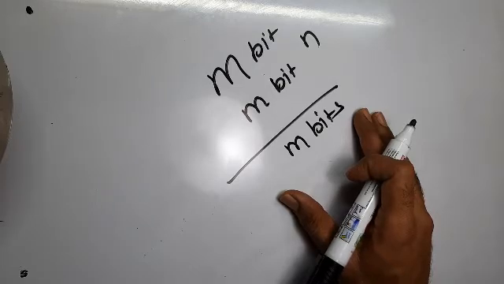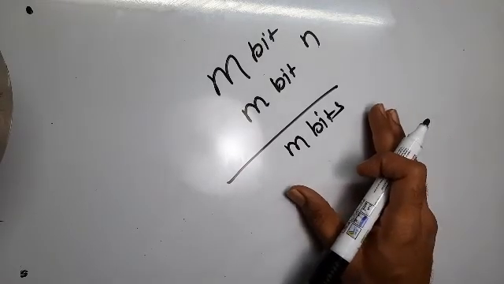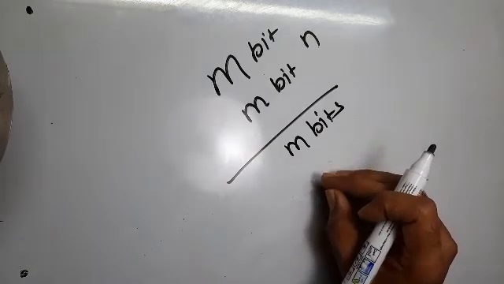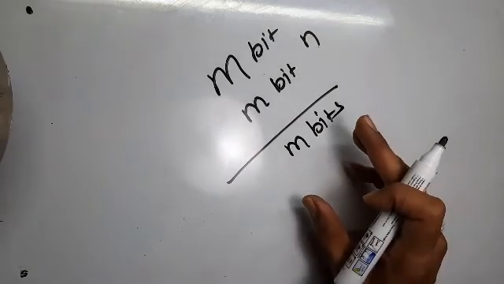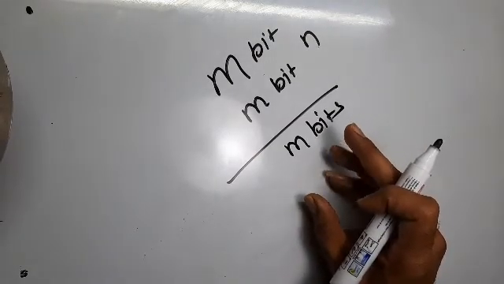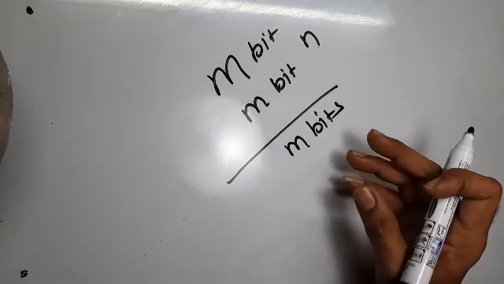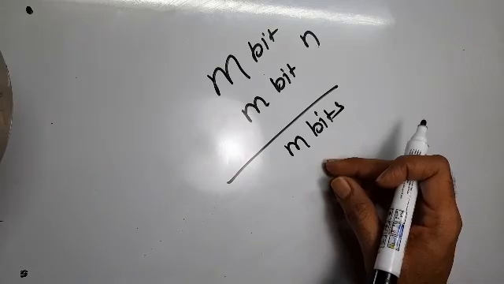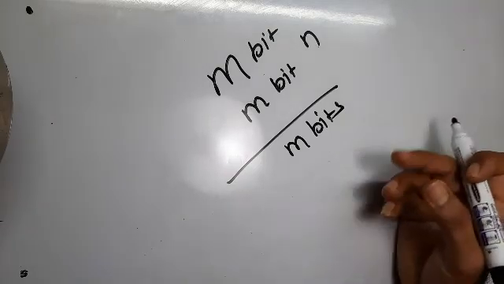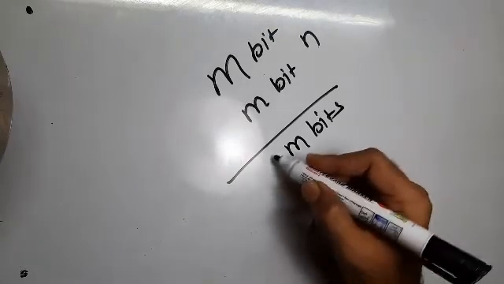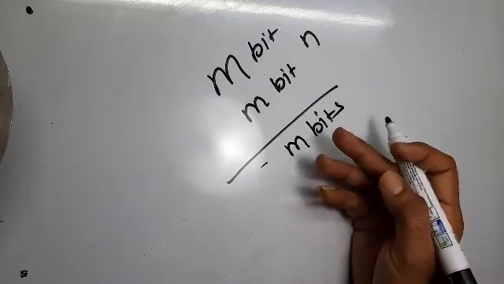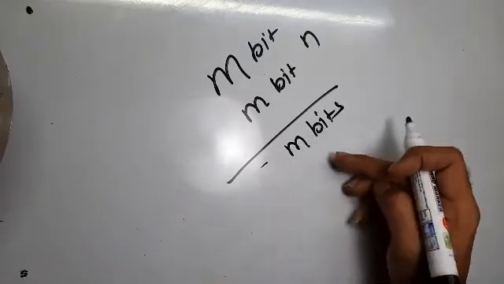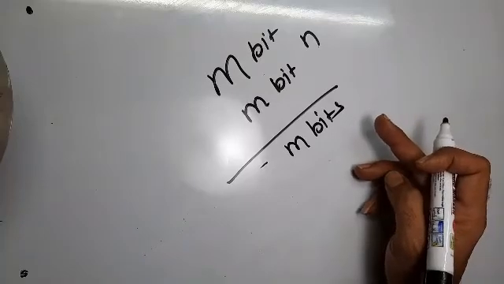What exactly happens in ones complement addition is, if a number has more than m bits, the extra leftmost bits are added to the rightmost m bits. This technique we call wrapping. Whatever additional bits are generated will be added back to these m bits.